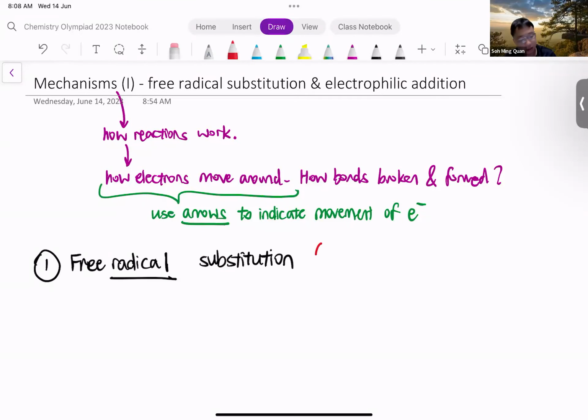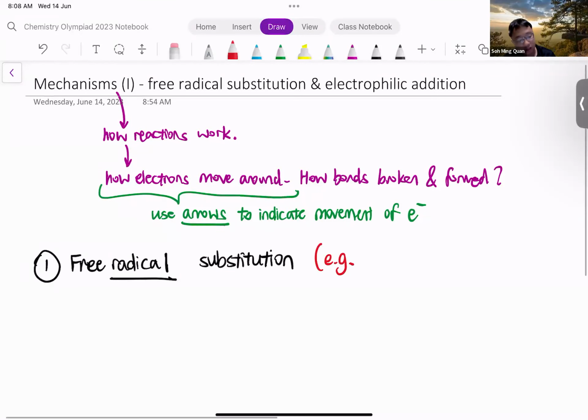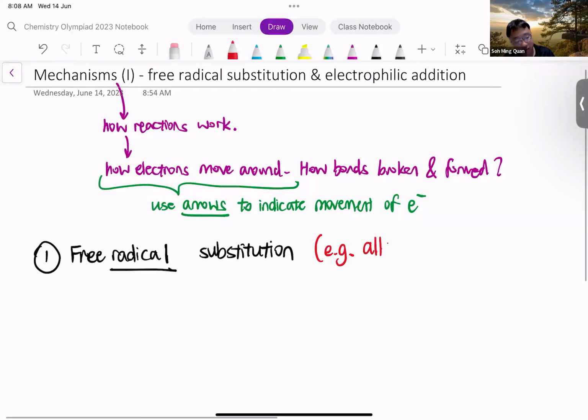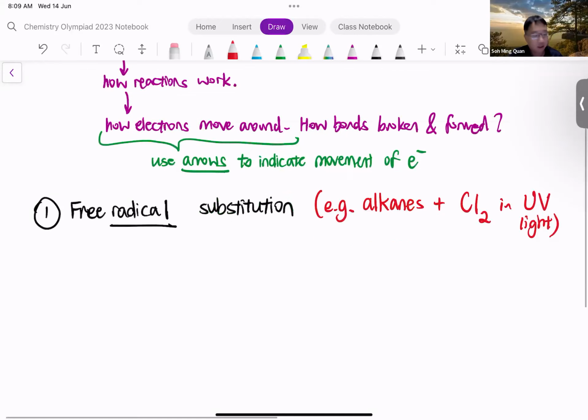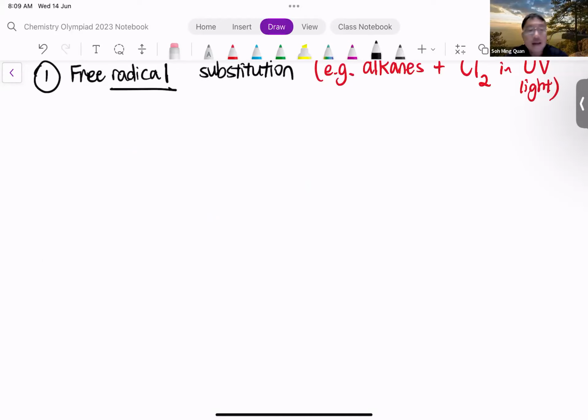One example of this reaction is alkanes reacting with chlorine gas in UV light. This is an example of a substitution reaction. Today we will learn how to draw the mechanism for this reaction of alkane plus chlorine. Free radical substitution is the mechanism for alkanes plus chlorine.